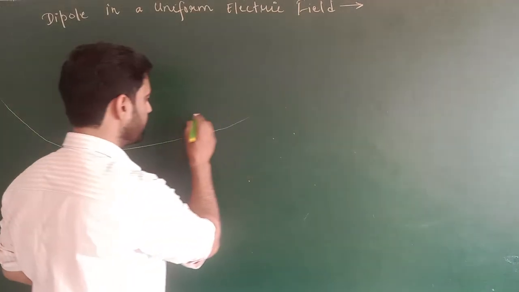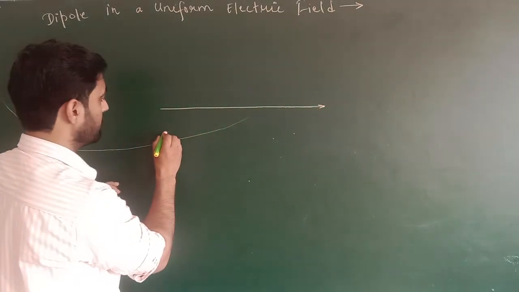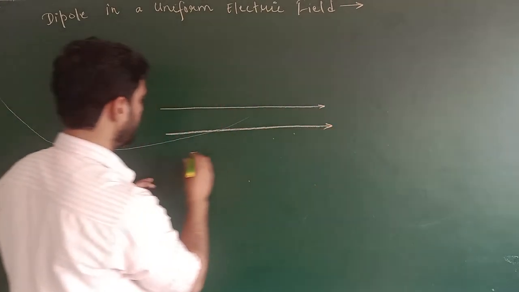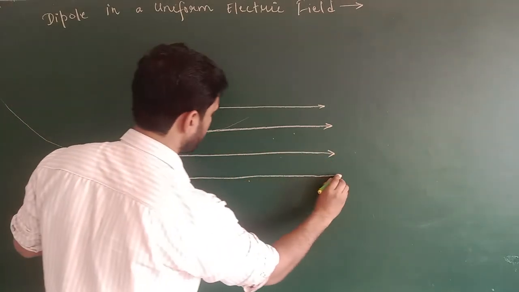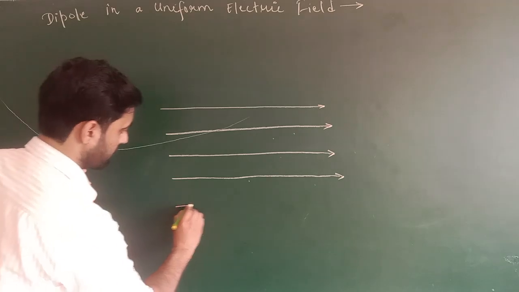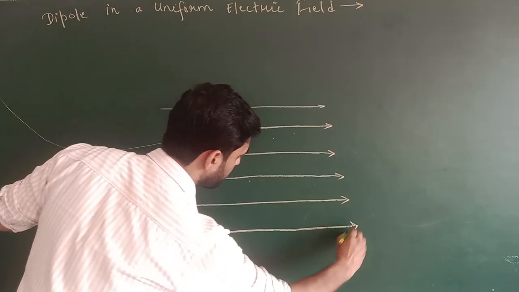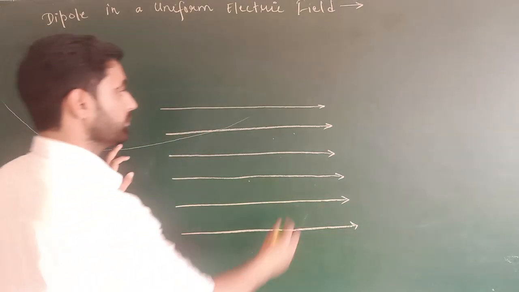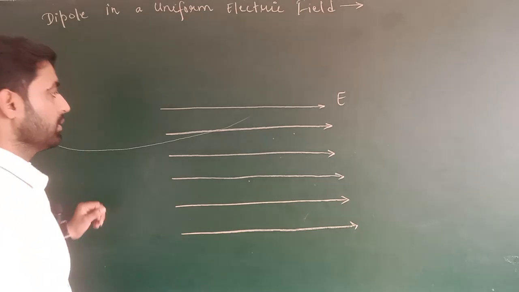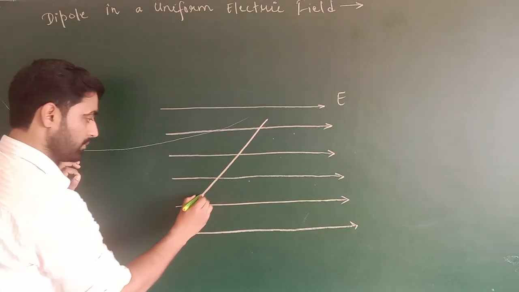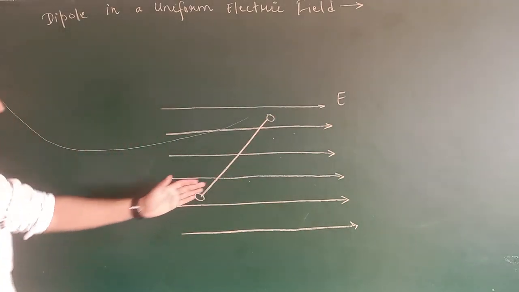Let's suppose, let me draw a uniform electric field. Here are the uniform electric field lines. This is a dipole.